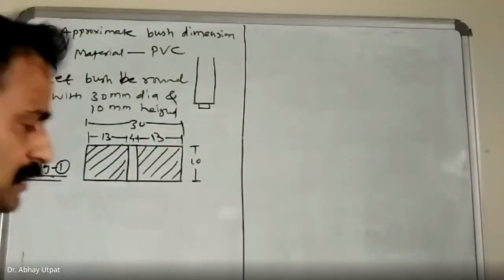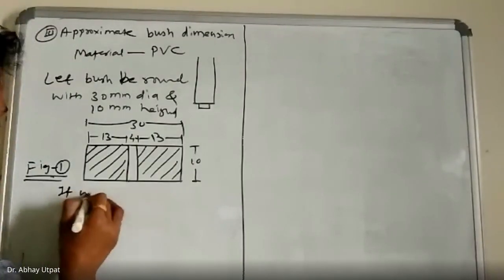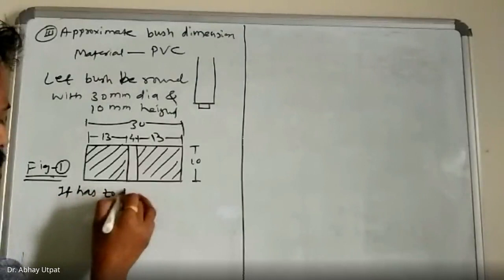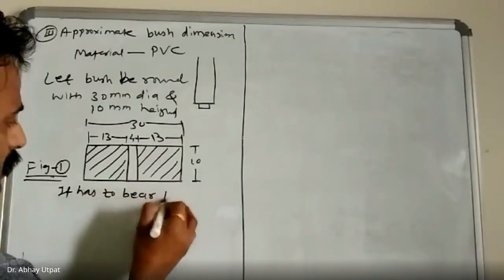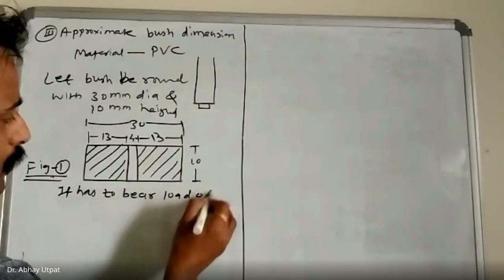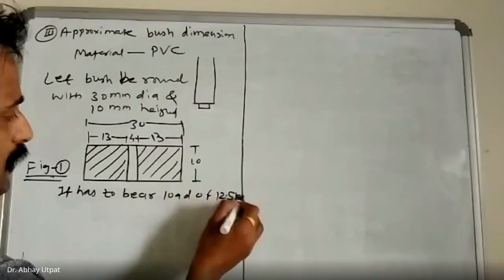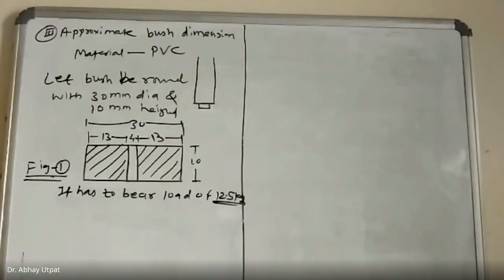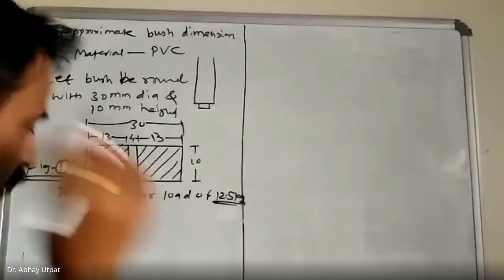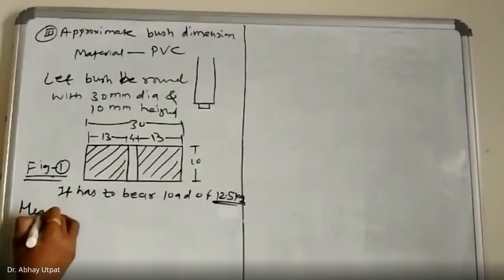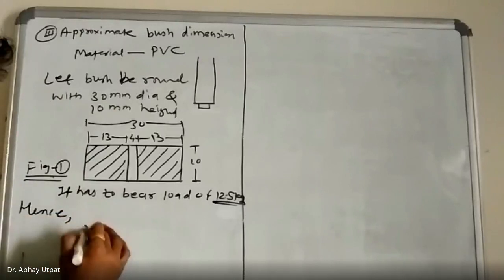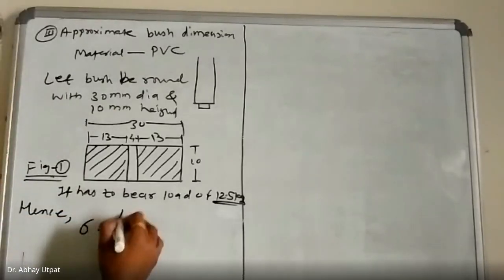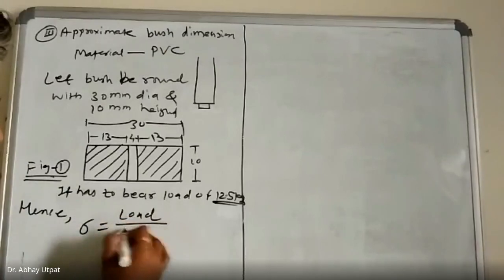This bush has to bear a load of 12.5 kg. It has to bear a load of 12.5 kg. Okay, then hence sigma is equal to load upon area.